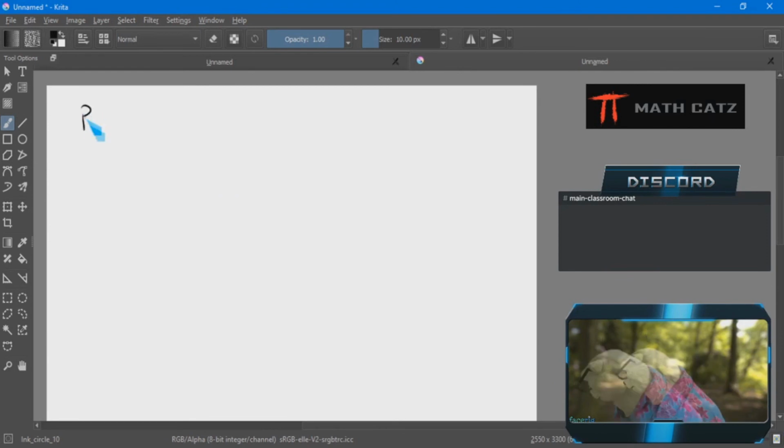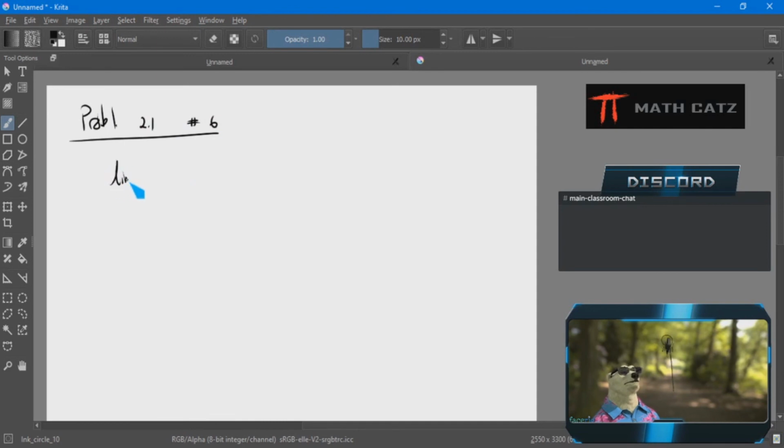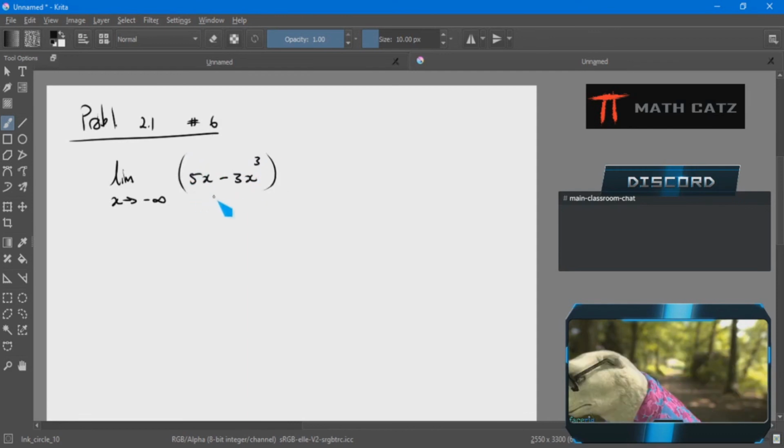People get a little flustered when they see, oh, evaluate the limit. Ooh, what does that mean? It's just a new version of saying the same thing. So we have the limit as x approaches negative infinity. What was my function there? 5x minus 3x cubed. Put brackets around it if you want to.